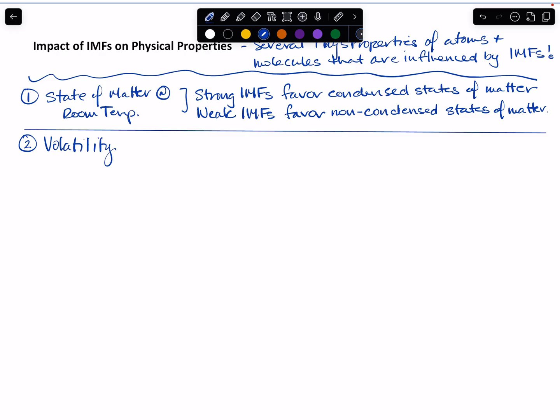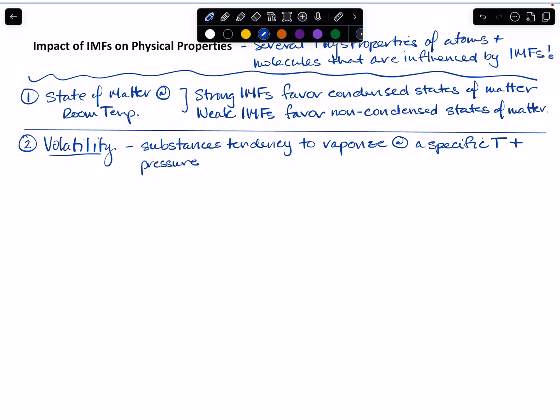All right, next, volatility. Now, volatility is right on there with the state of matter. It's a measure of a substance's tendency to vaporize at a specific temperature and pressure.